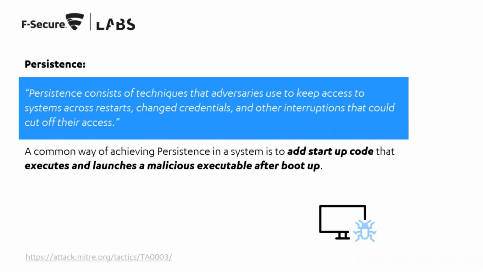But the ones we're going to look into, and also some of the most common ones, are adding a file to the startup folder of the user, or adding some kind of code to the startup sequence of the system, or also adding a specific registry key in a specific registry location that will also load code at startup, and therefore grant access back to the attacker.